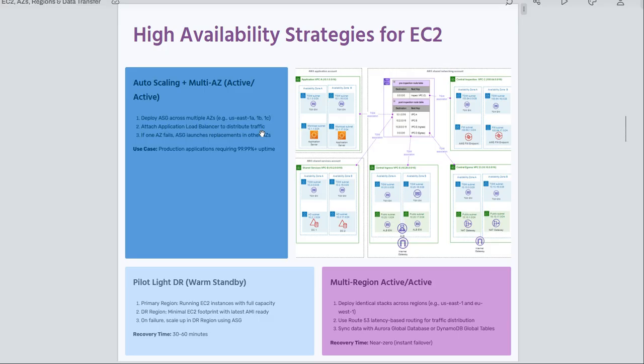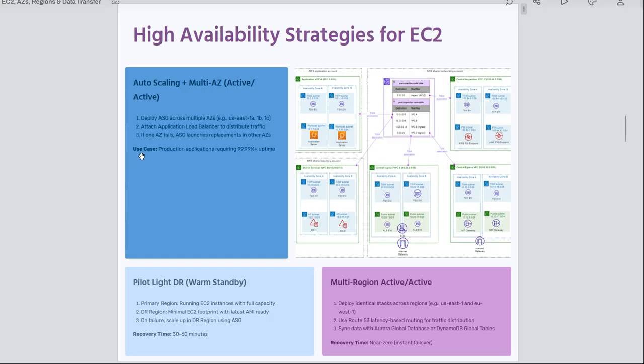So if you've got three instances in multiple availability zones, you can attach these three to a load balancer, right? If one availability zone fails, the Auto Scaling group launches a replacement in another availability zone. So it will automatically launch another instance in another available availability zone.